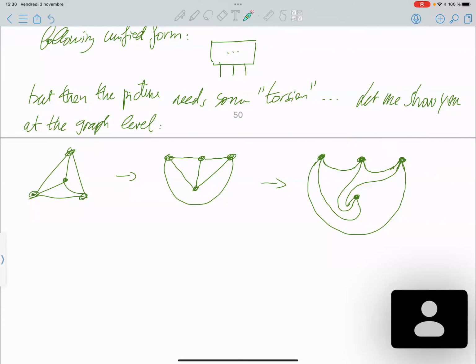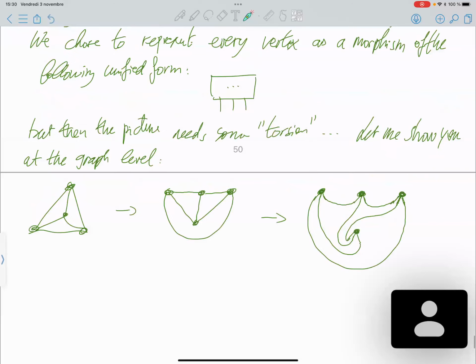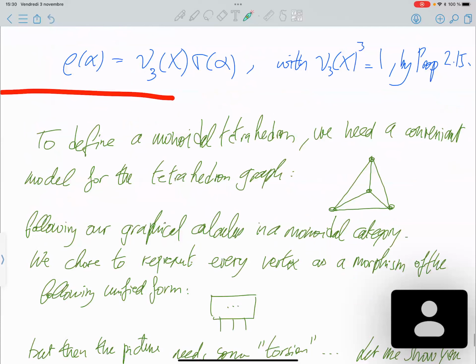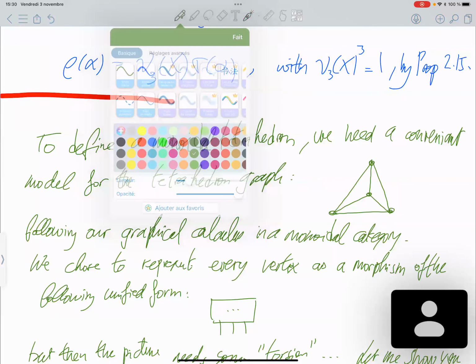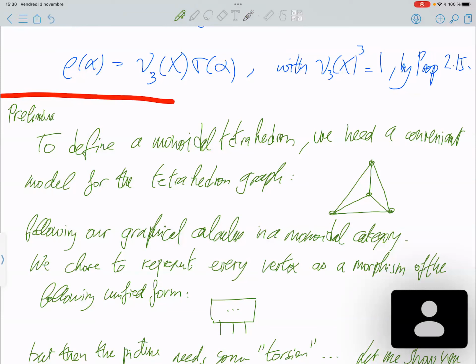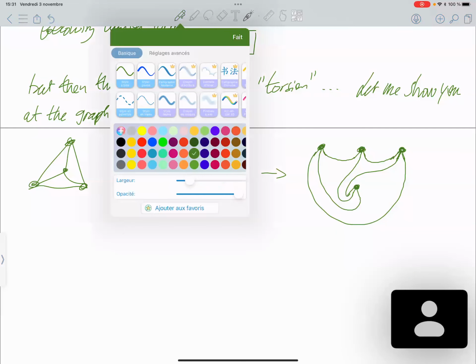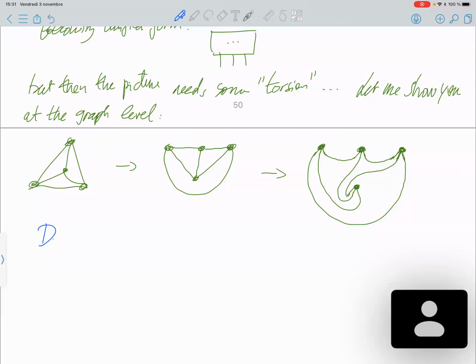So let me now make a preliminary remark. Okay, so now let me define the monoidal tetrahedron properly.